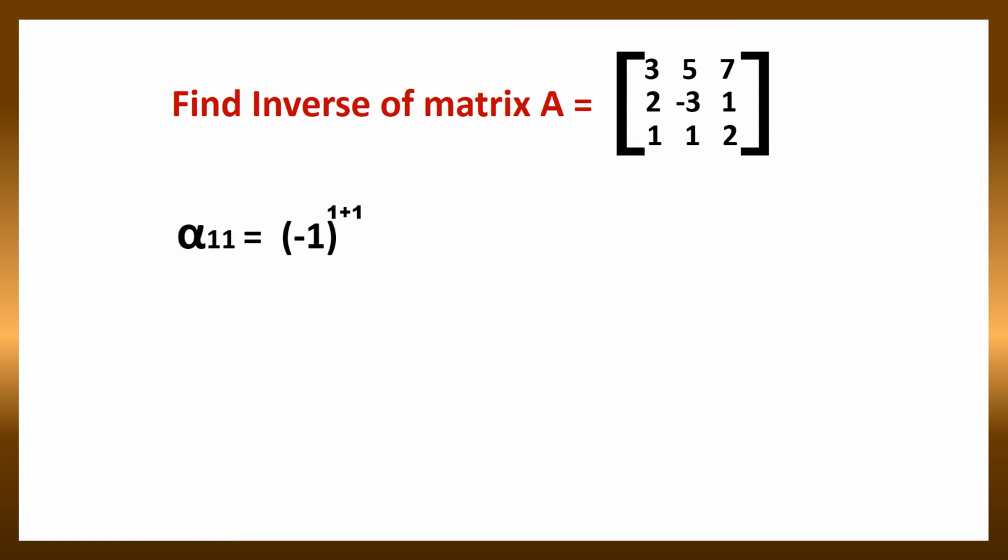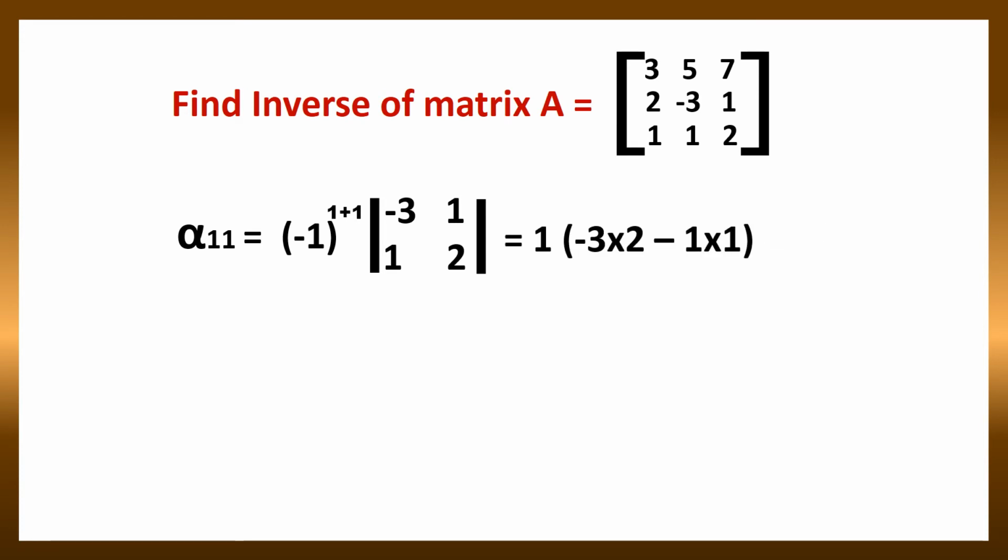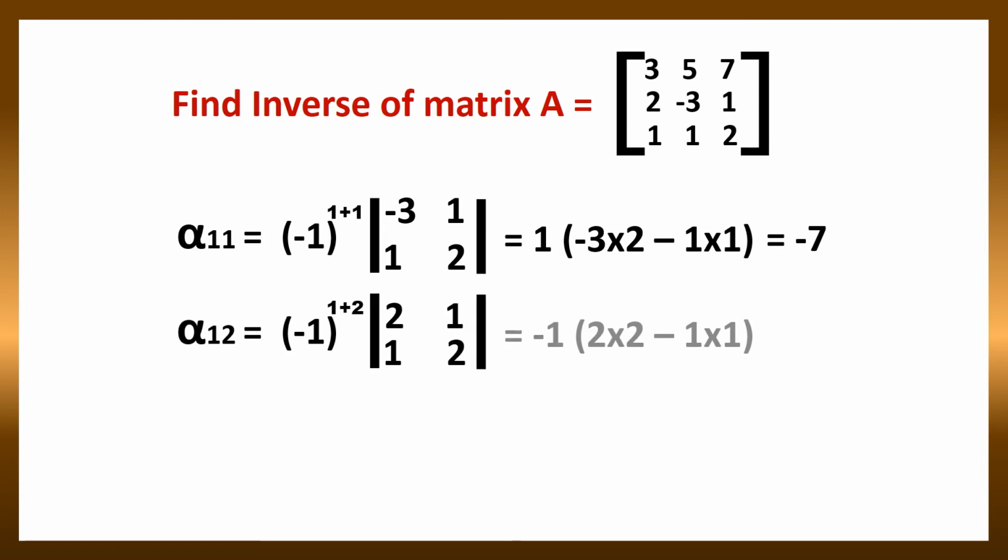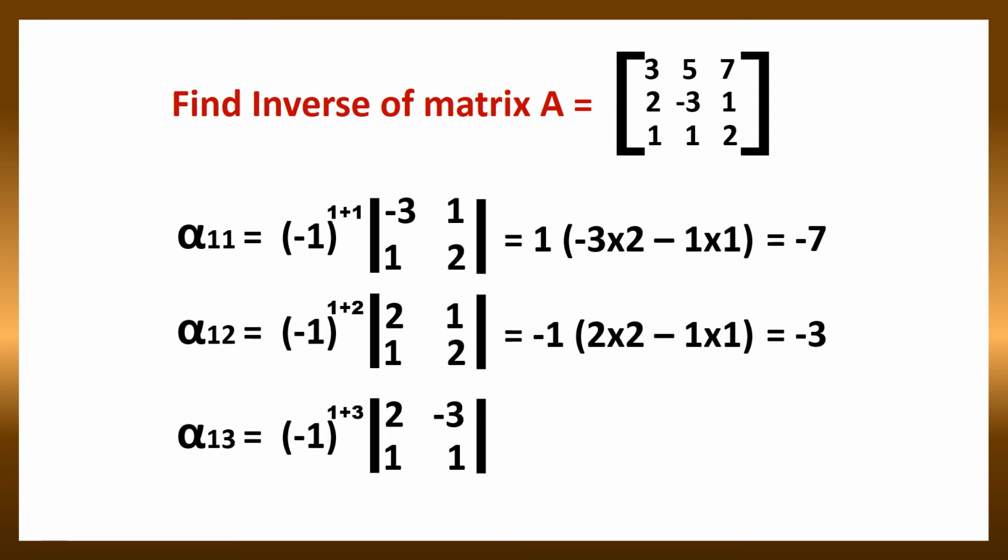So alpha 1 1 is equal to minus 1 raised to 1 plus 1 into determinant of minus 3 1, 1 2, that is equal to minus 7. We have already explained how to find the cofactors of a matrix in another video. And then the next element alpha 1 2 will be minus 3, then alpha 1 3, cofactor of element in the first row, third column will be 5.